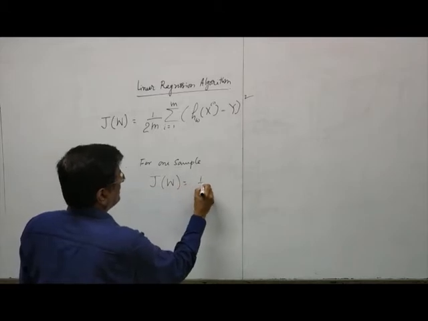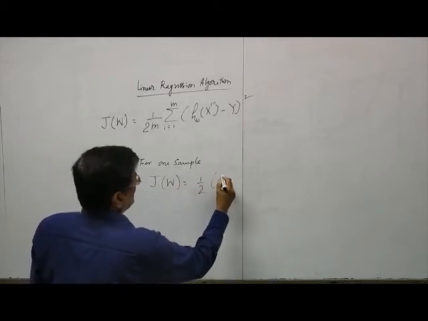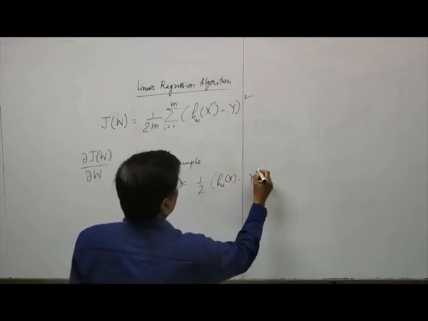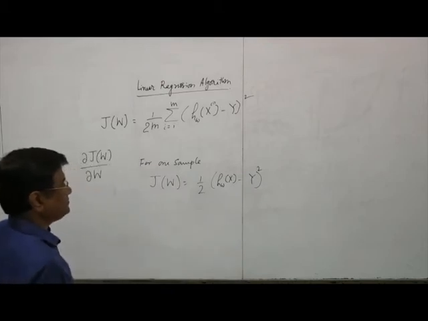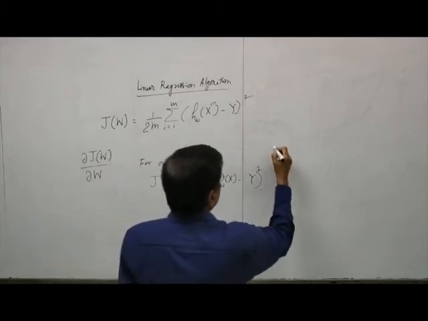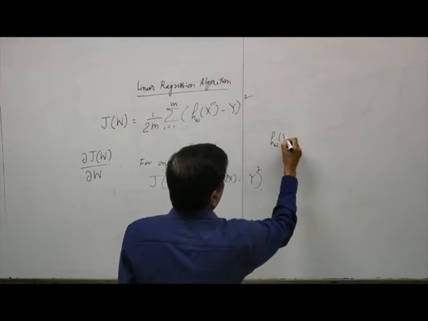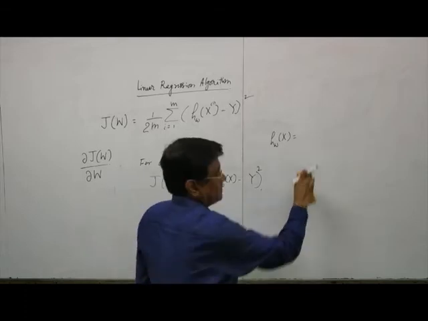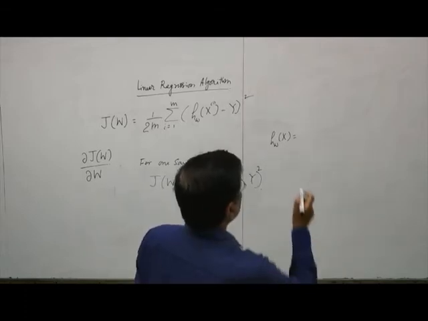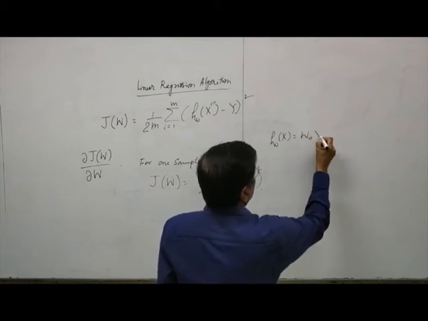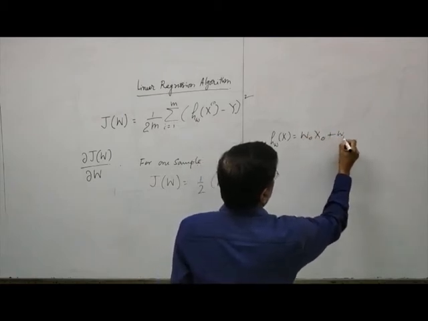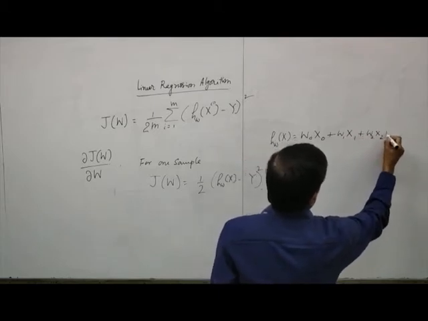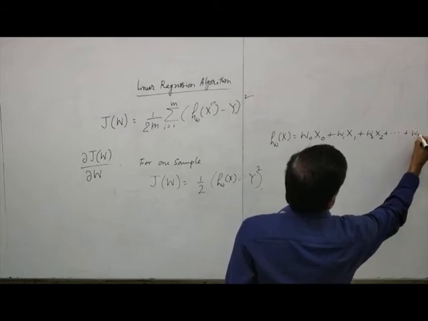J(W) will be half of (h_W(x) minus y) squared, where h_W(x) equals W0 x0 plus W1 x1 plus W2 x2 up to Wn xn.